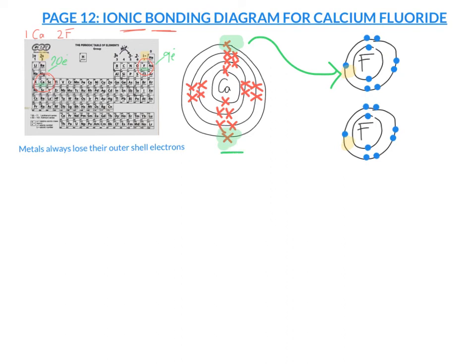And so calcium would not be happy because it wants to have a full outer shell. It still has one in the outer shell if we don't lose that. It's not happy. So what it does is it picks on another fluorine and gives it to you. Okay, and that results in us having the formula CaF2. Okay, 2 fluorines to 1 calcium.